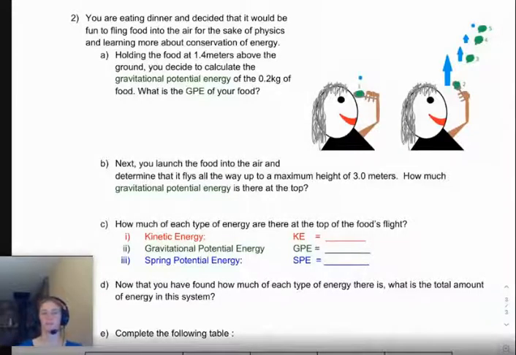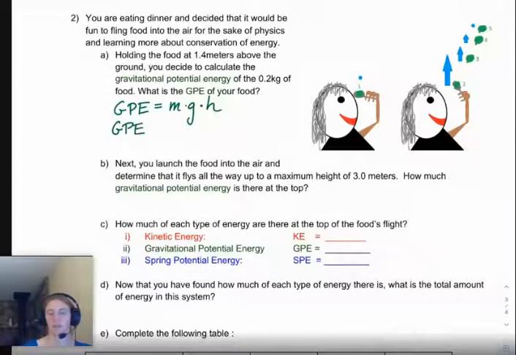All right, so the first thing that I need to do is remember or look at my notes to see what my gravitational potential energy equation is. And it is GPE is equal to M times G times H. And so all I need to do is plug in what each of those things are. So my mass is the 0.2 kilograms. And I'm not going to worry about doing units right now.